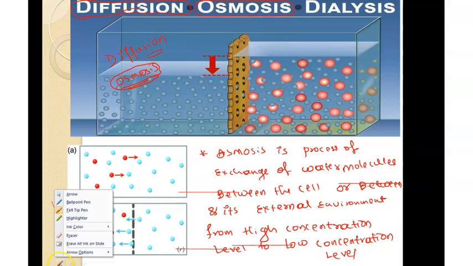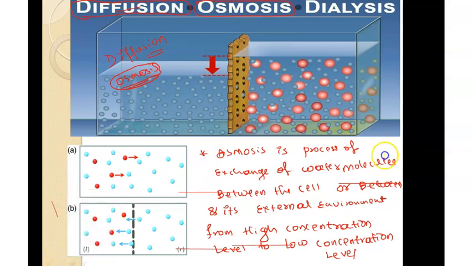Okay, let's see this process. Osmosis is a process of exchange, means we are exchanging something between two things. Exchange happens between two things only, right? Of water molecules, let's say H2O.